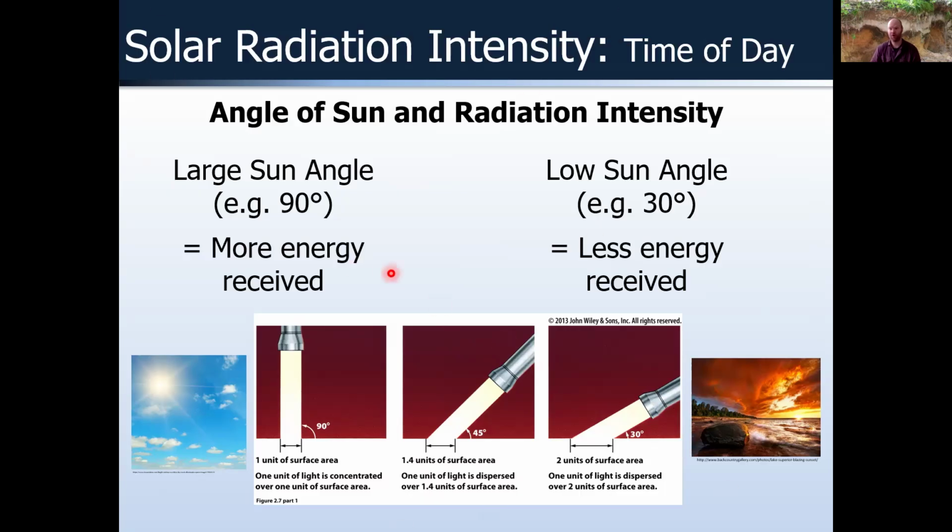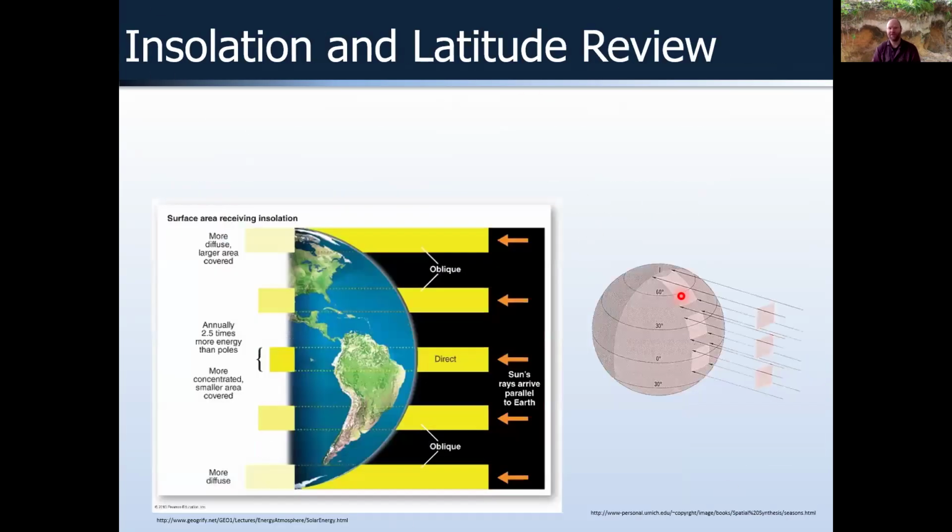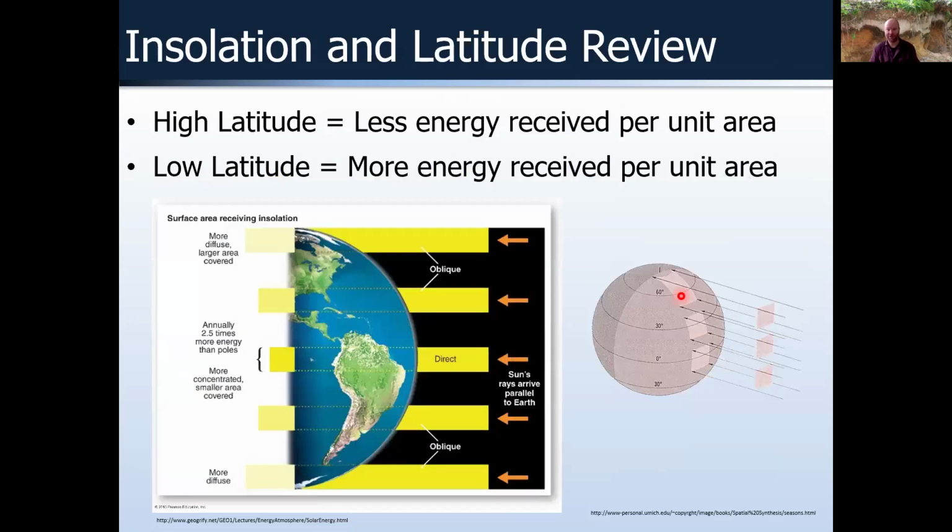Then as we think about that on a global scale, high latitudes, areas near either of the poles, never receive direct 90-degree radiation. The sun is never directly overhead of the North Pole. When the North Pole does receive energy, it is at a much lower angle, so it's spread out more.